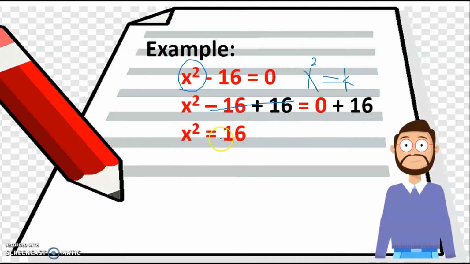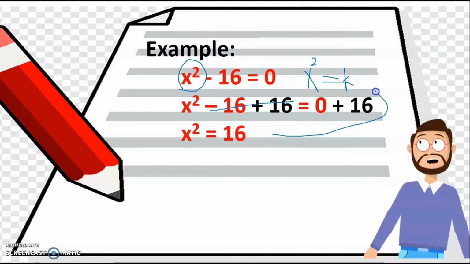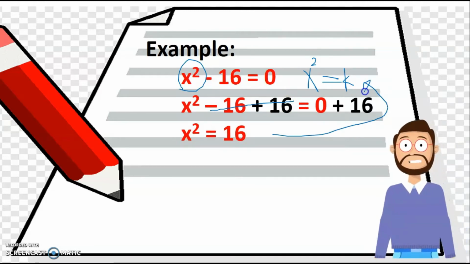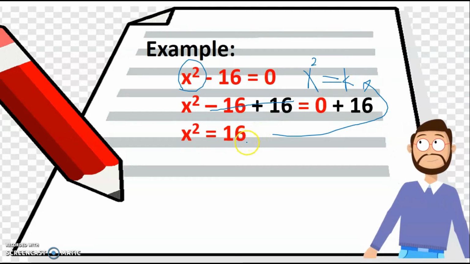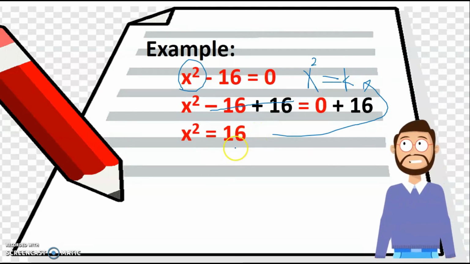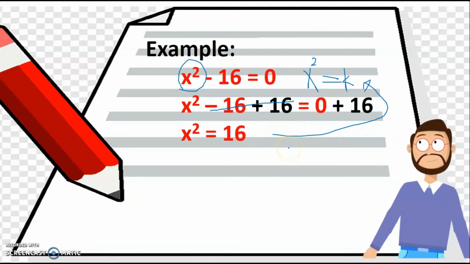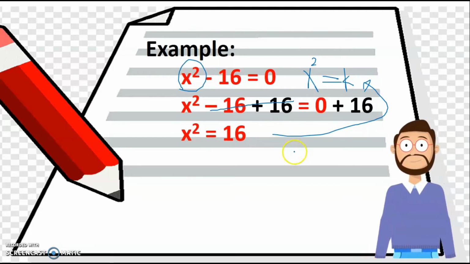So x squared equals 16 is now in the form x squared equals k, where our k is equal to 16. And since 16 is greater than 0, we expect that we have two possible solutions, or two real solutions.